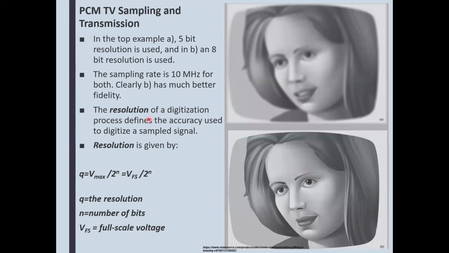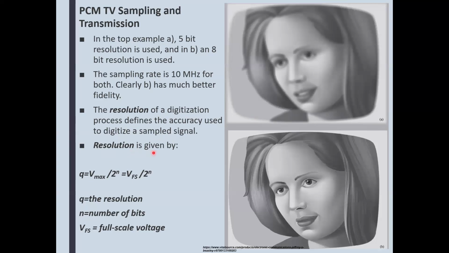The resolution of the digitization process defines the accuracy. So the resolution is how many levels we can assign from 0 to whatever, to accomplish a good resolution here, sharp edges. The resolution of the digitization process defines the accuracy used to digitize a sampled signal.